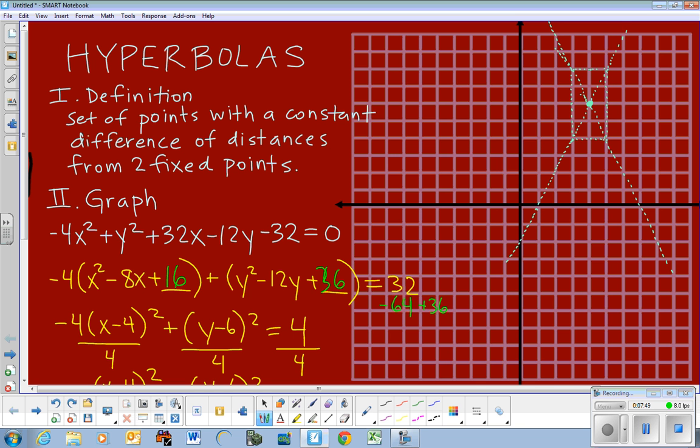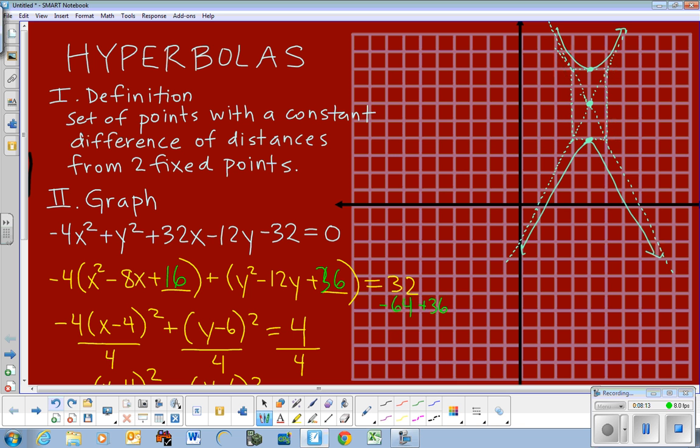So now one of two things is going to happen. Either the hyperbola has points here and here, right in the middle of that rectangle, and it has two parts that open this way, or it has points here and here, and it opens this way. So how do you choose which one?